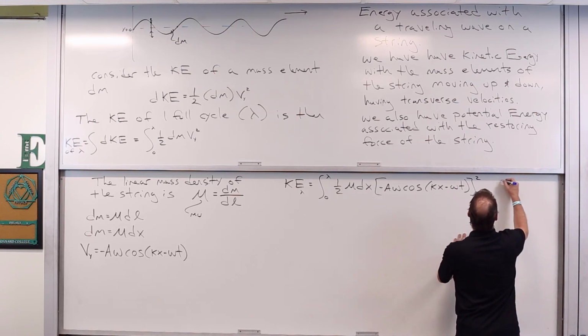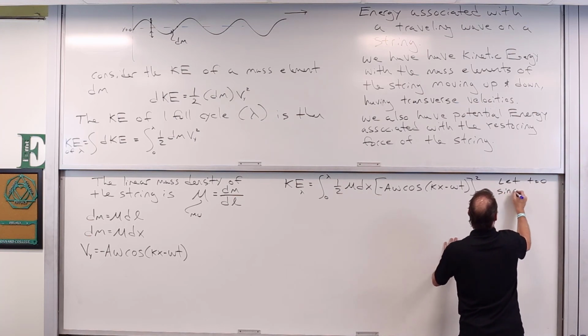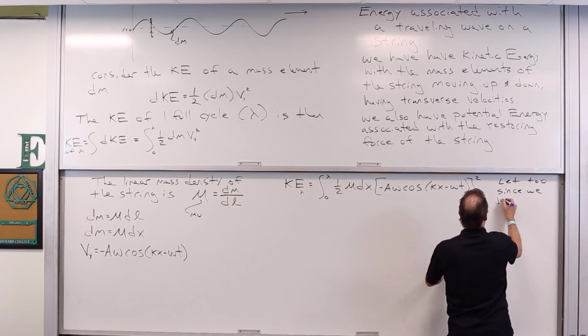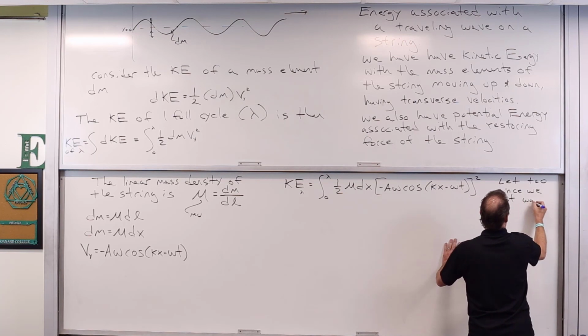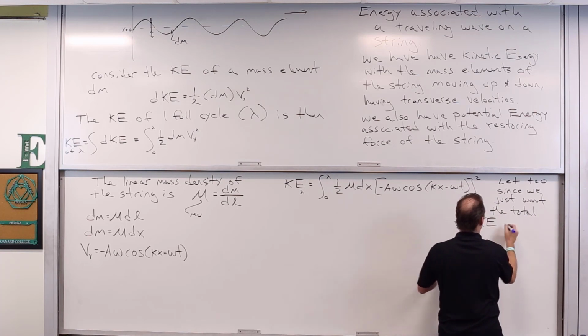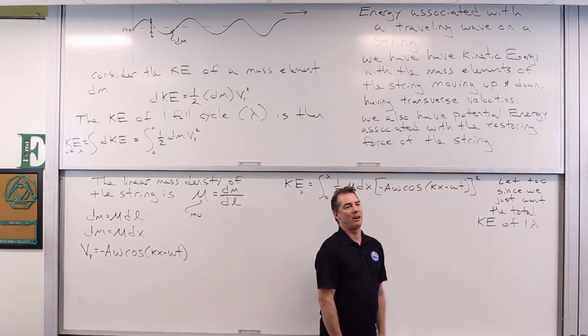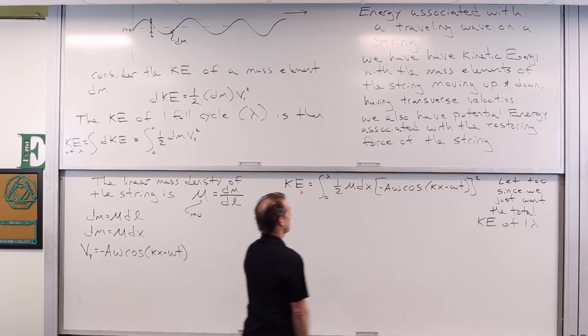So let t equal 0, since we just want the total kinetic energy of one full wavelength. Doesn't matter what time, so let's just let it be equal to 0.